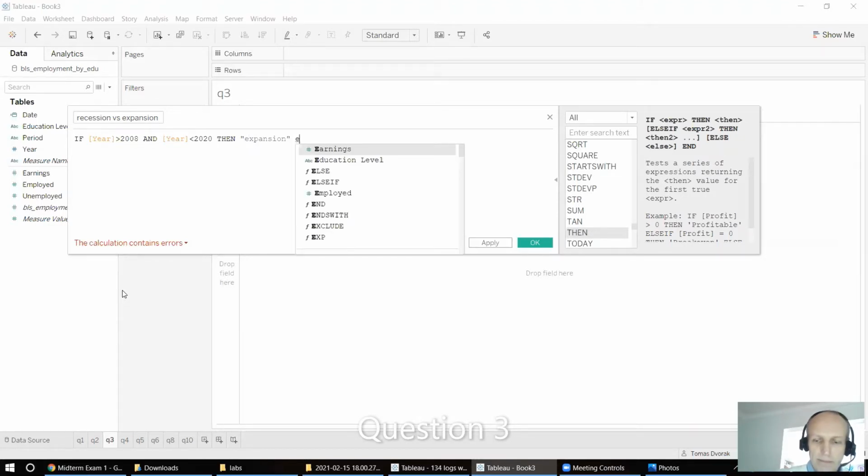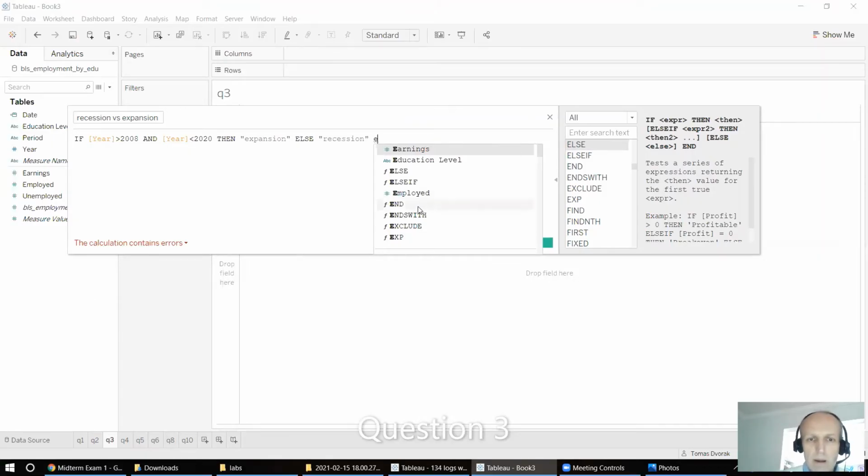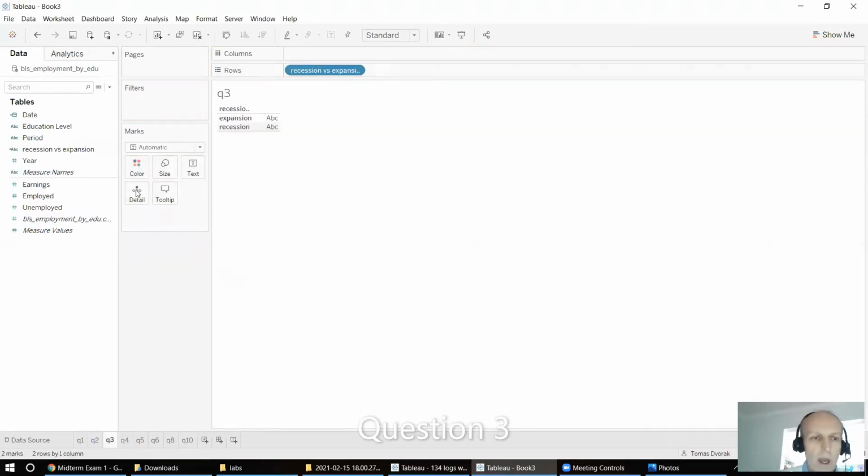Otherwise, we have recession. That's a valid calculation. Let's see how many observations we have in each category. We've got 528 year, month, and education level observations that happened during expansion, 100 in recession.